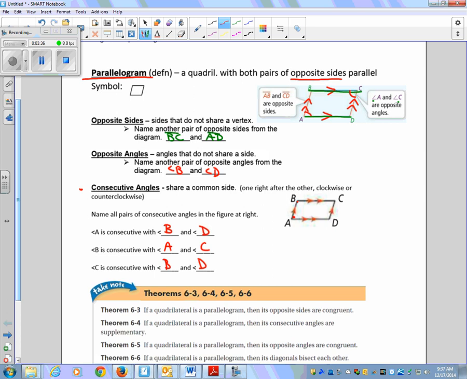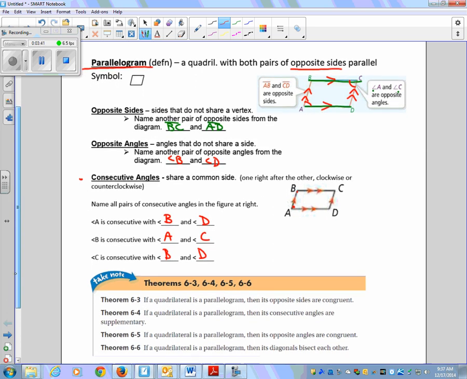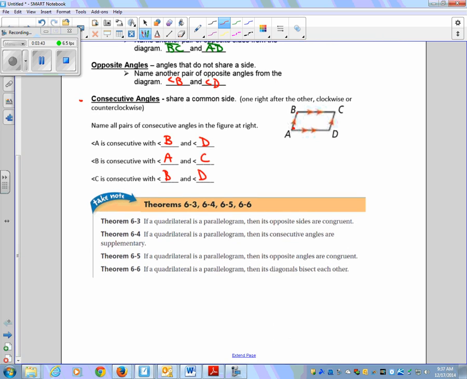Once we've established how we're going to refer to sides and angles, now we can talk about the four theorems that give you the properties of parallelograms. We already defined parallelogram: two pairs of opposite sides are parallel. But there are properties that become true because of that definition.